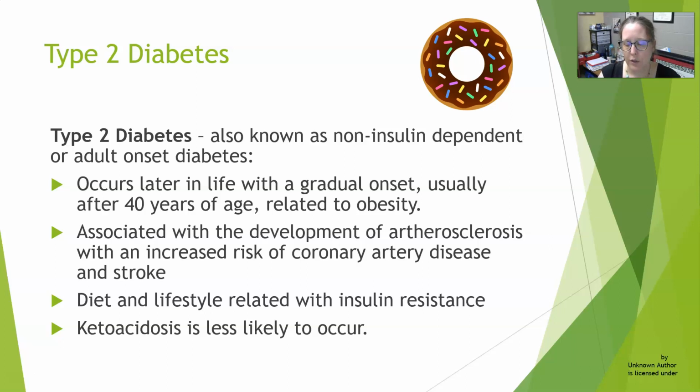Enough of the glucose enters the cell that it will suppress the lipolysis and the burning of fat as fuel, so you generally don't see ketone bodies with type 2 diabetes, and ketoacidosis is much less likely to occur.